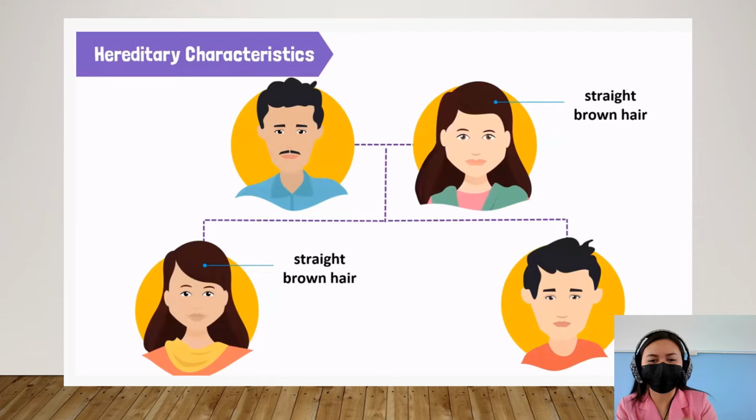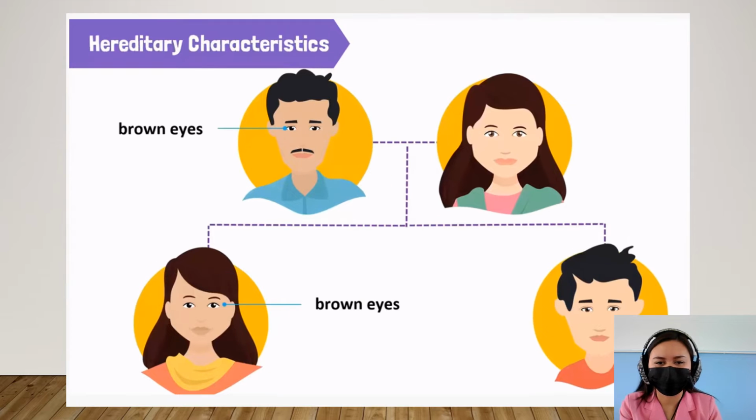Now, look at this one. The father and the mother. The mother has straight brown hair. We have here two siblings, a daughter and a son. The daughter inherited straight brown hair from her mother, but she gets her brown eyes from her father.